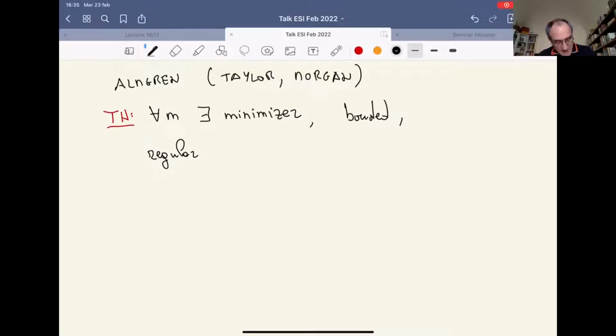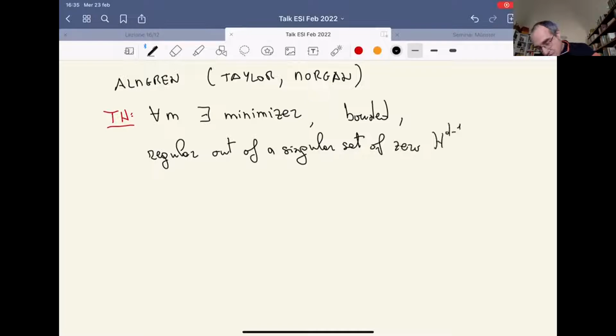So regular means analytic out of a singular set of zero H^(d-1) measure, a closed singular set.